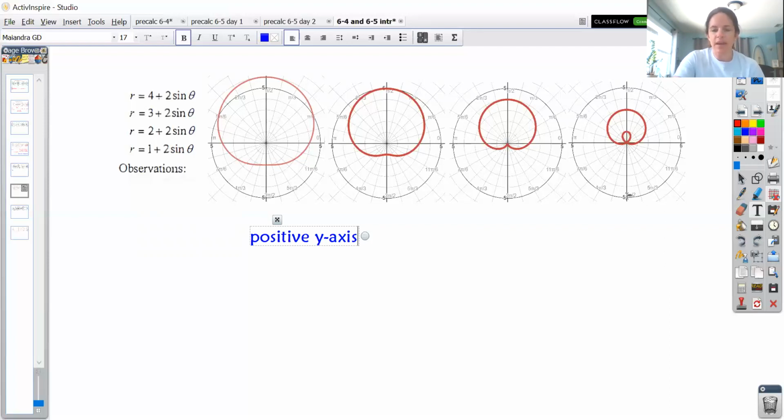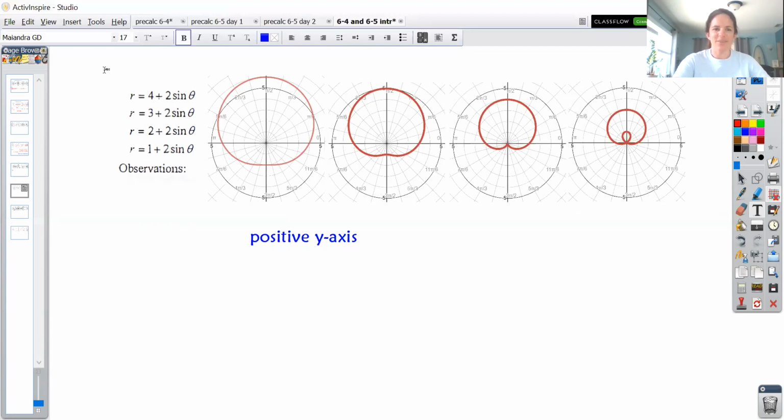We also can look at how tall each one is on the y-axis and how low it gets on the negative side of the y-axis, and then how far over it gets on the x-axis. Those are the patterns that we're going to look for. So if you want to make some conjectures, go ahead and pause the video, think about that, look at where it hits the y-axis and where it hits the x-axis. 3, 2, 1.